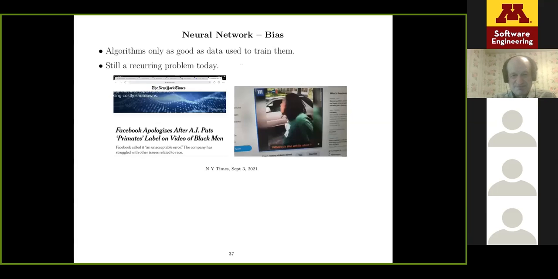This was an article that appeared just earlier this month in which some machine learning algorithm at Facebook mislabeled this image as a primate and caused a lot of grief. And it's not the first time this has happened, and it's almost surely not going to be the last. Usually this is a result of bias in the training data.